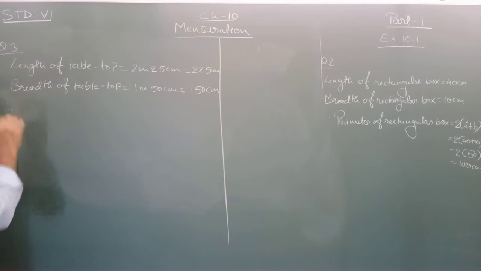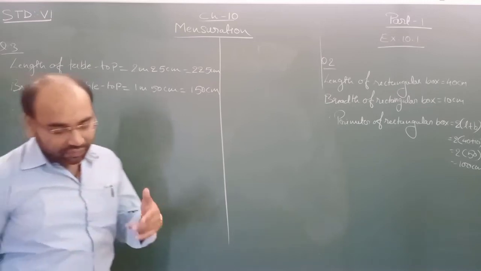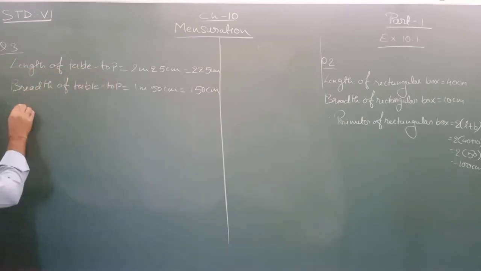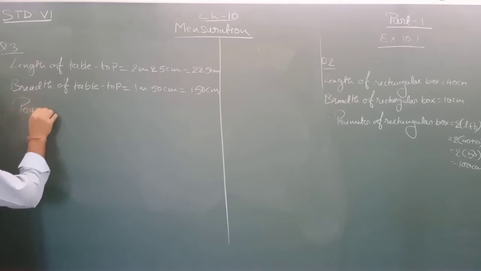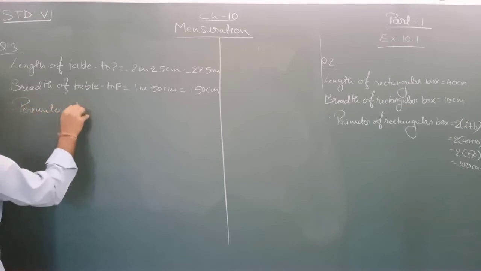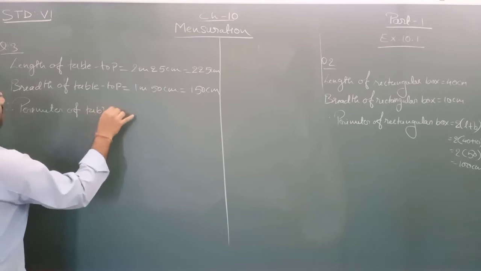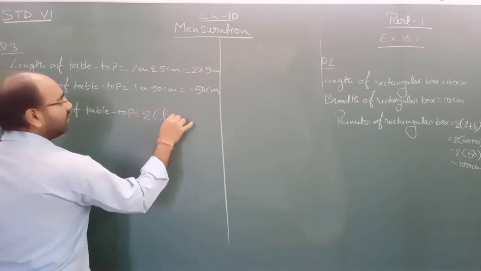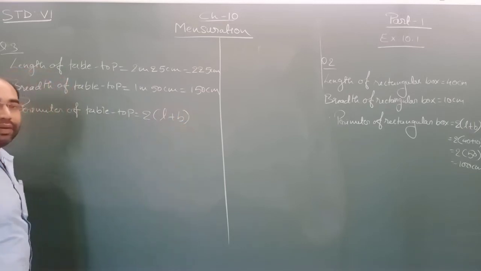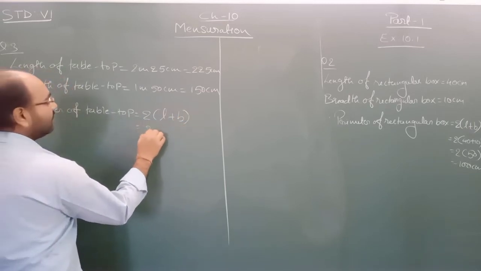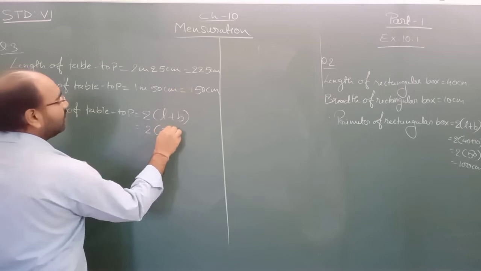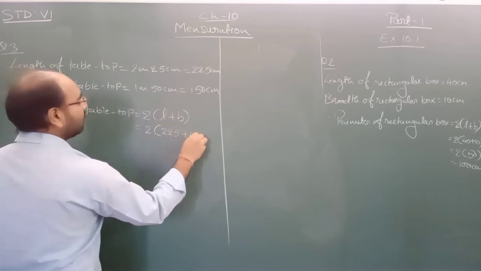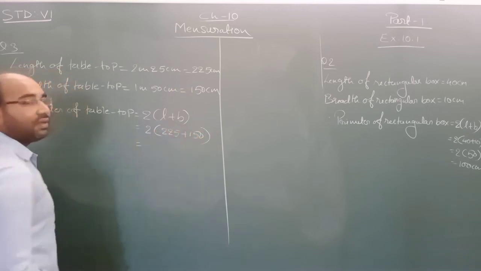And therefore, what we have to find out, what is the perimeter of the tabletop? So perimeter of tabletop is equal to what? 2 into length plus breadth. So that comes to 2 into 225 plus 150.